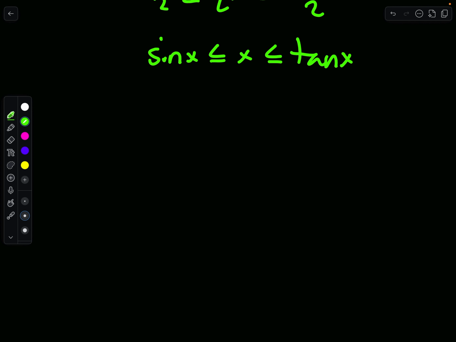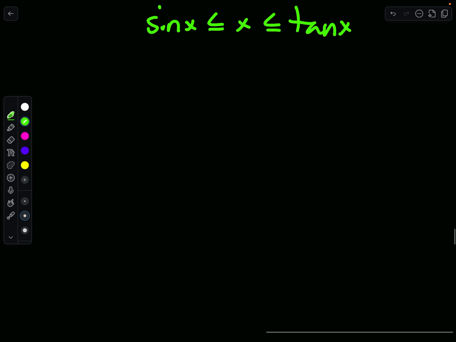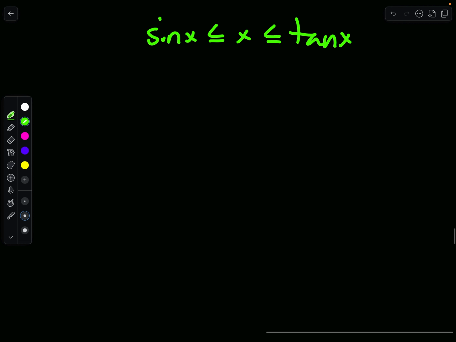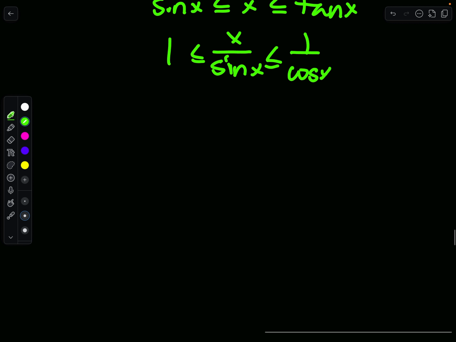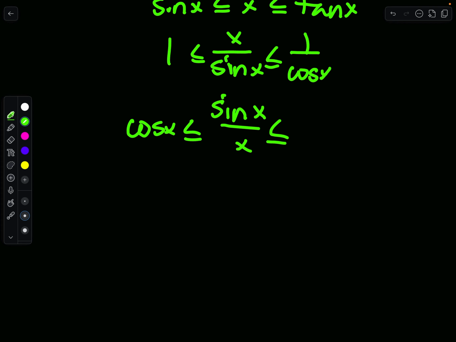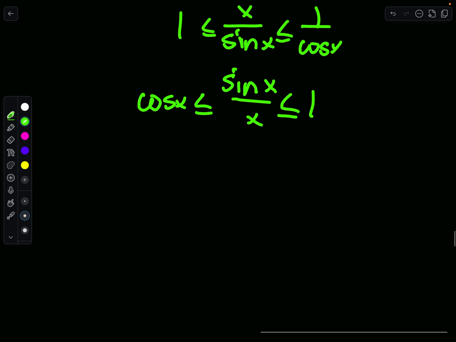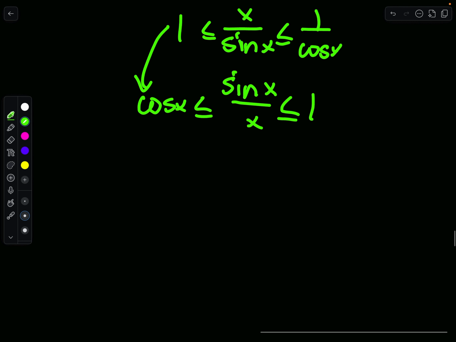And then we can convert this into the squeeze. So 1 is less than or equal to x over sine x, which is less than or equal to 1 over cosine x. Therefore, cosine x is less than or equal to sine x over x, which is less than or equal to 1. And we got this from taking the reciprocals.